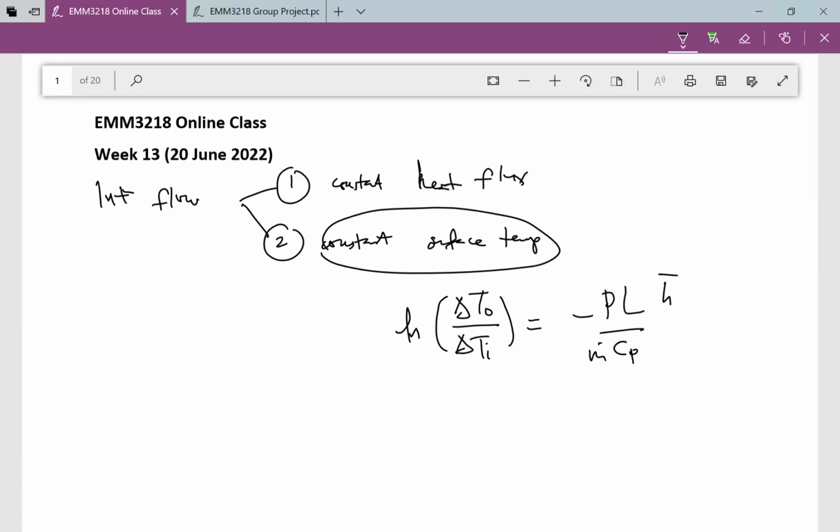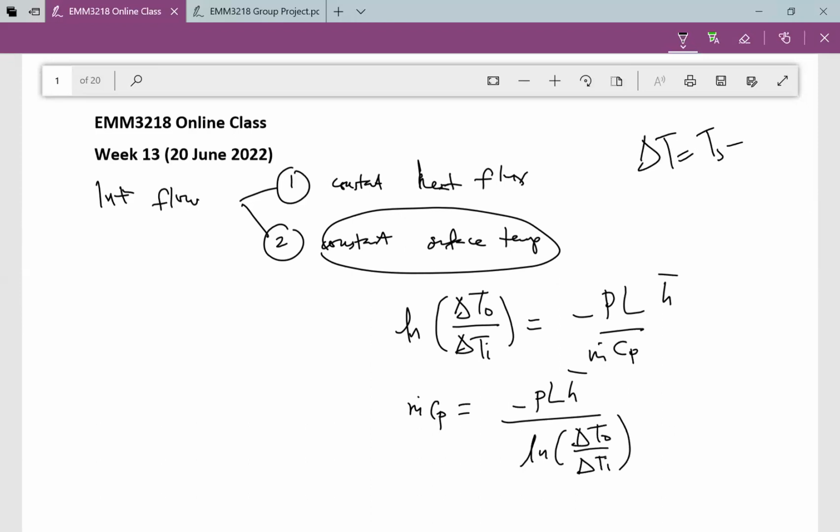Remember, we talked about that, and then we arrive at this equation. So from here, we can say the term m dot Cp is basically just a rearrangement, right? And remember delta T is T surface minus T of the fluid, the mean temperature of the fluid. So this is for internal flow.